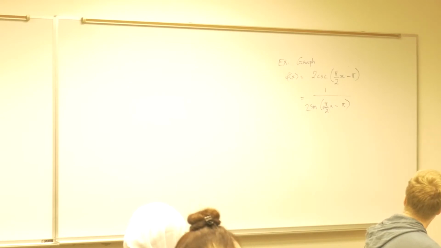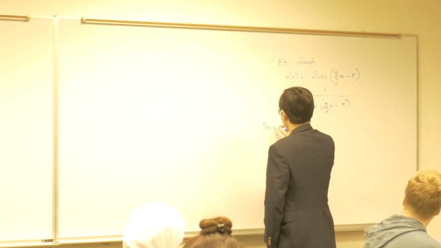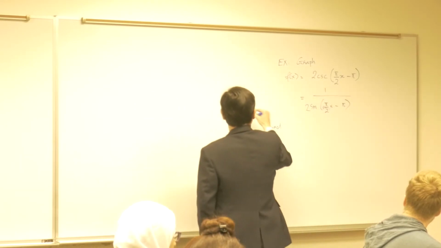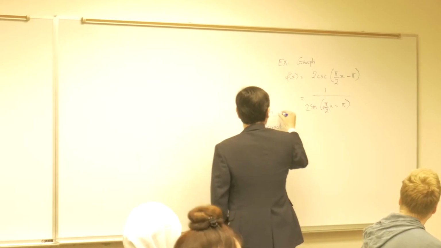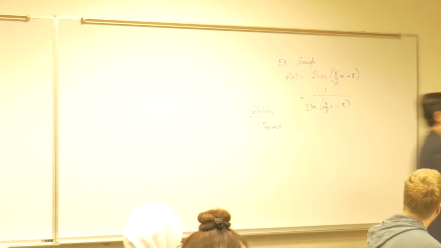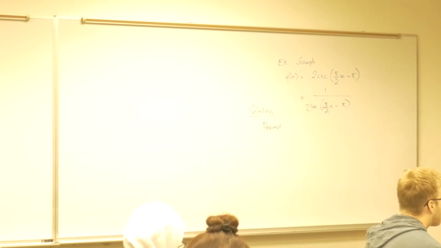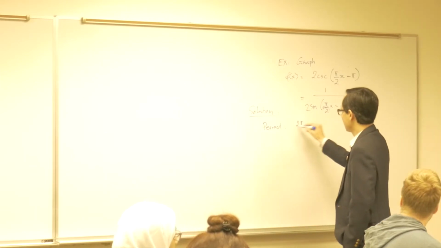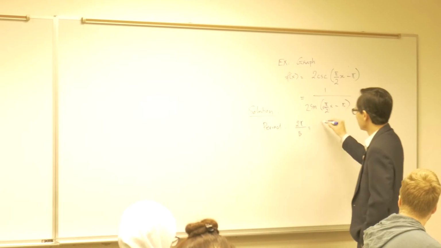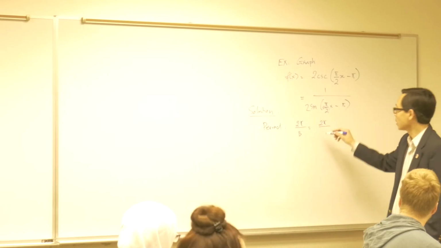So first of all, go ahead and calculate the period. I'm going to use this formula right here: 2 pi over b, and it will be 2 pi over pi over 2.